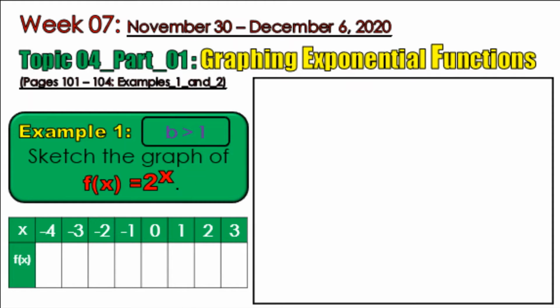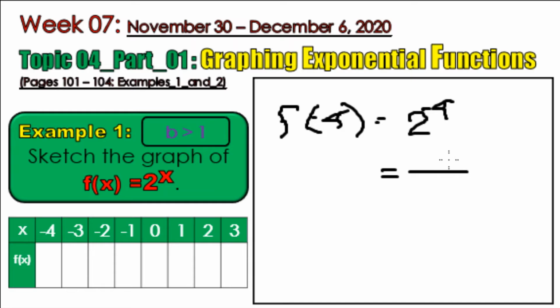Let us start with -4 as the value of x. We'll be solving for the value of f of x. So f of -4 is 2 raised to -4. This time we have a negative exponent, so we'll be applying the law of exponent.